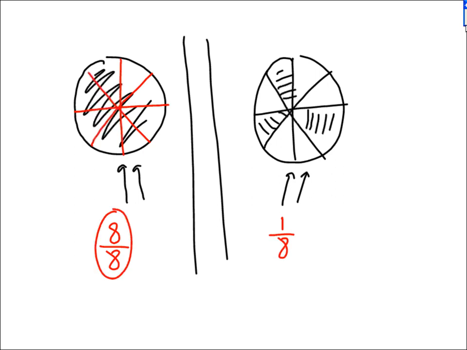This person ate more, because they're cut the same size. This person had 8 of those pieces. This person only had 1. The person on the left had more, even though they can honestly say, I ate 1 piece of that pie, because it wasn't cut. And this person can honestly say, I ate 3 pieces.